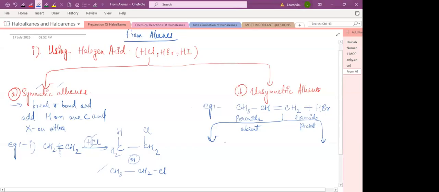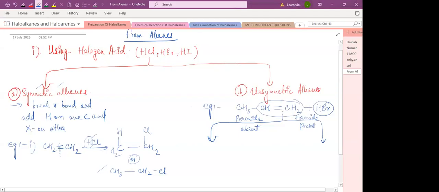So what is the Markovnikov addition rule? Just remember that if the unsymmetric alkene is there, it follows Markovnikov's rule. The hydrogen, or you can say the acid hydrogen, attaches itself to the carbon which has the greater number of hydrogen substituents. You have to decide it from the double bond. This is the unsymmetric one, CH double bond CH2.